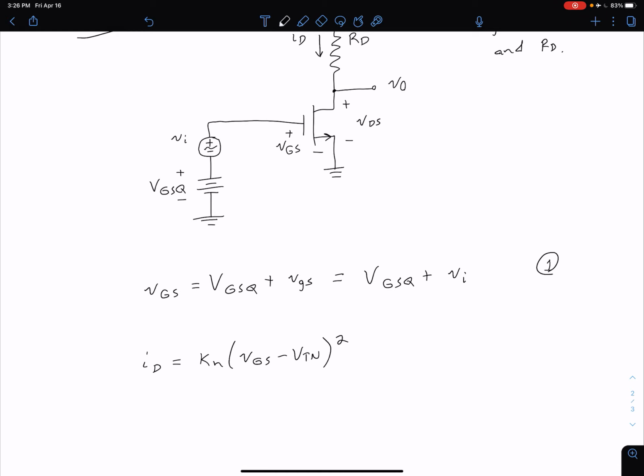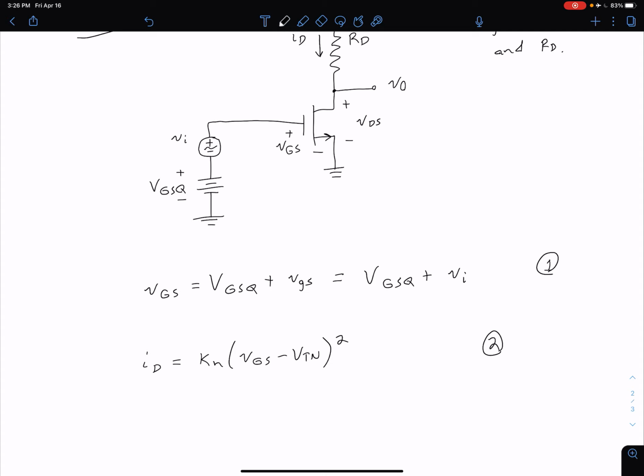This is just our general equation. Of course, VTN is our threshold voltage, and Kn is our conduction parameter. Notice for our drain current and our gate to source voltage, I've used the lowercase parameter, uppercase subscript to indicate that we have a DC and AC component. So let's call this equation 2.